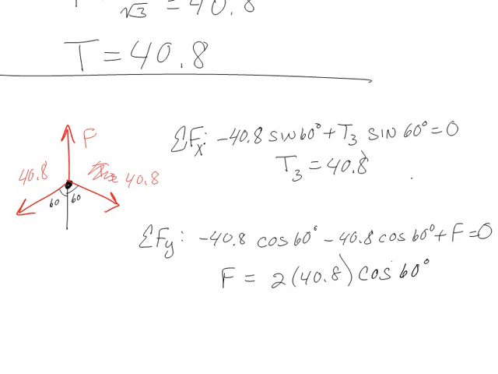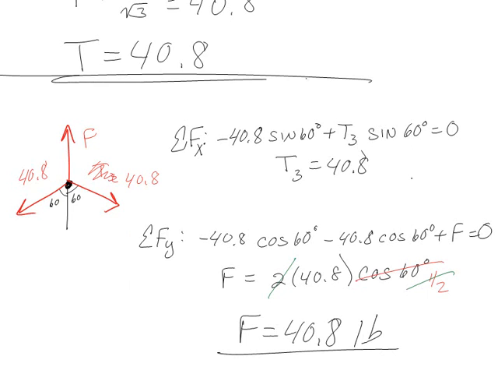Since the cosine of 60 is 1/2, the 2 and the 1/2 cancel, and I get that the force is equal to 40.8. This is pretty cool, in pounds, or whatever it is we're doing. This math will always work, it just accidentally happens to be the same number because we got a 30-60 triangle. In normal triangles, it's not going to do that, so that'll be fun.